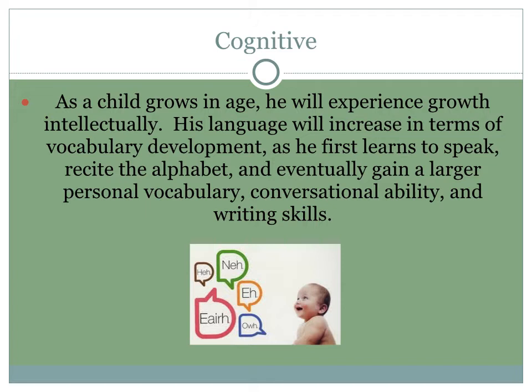And eventually, he will gain a larger personal vocabulary. He will gain the ability to hold a conversation, and then he will be able to gain writing skills. These all fall under the cognitive.